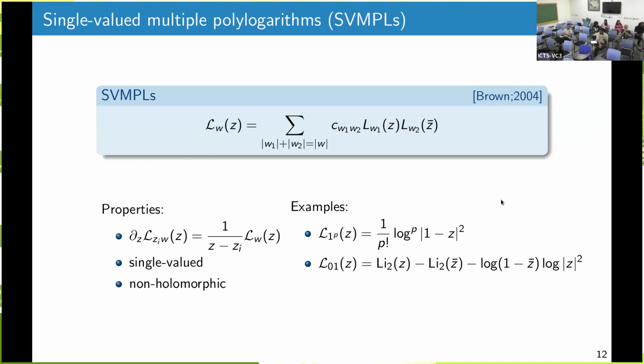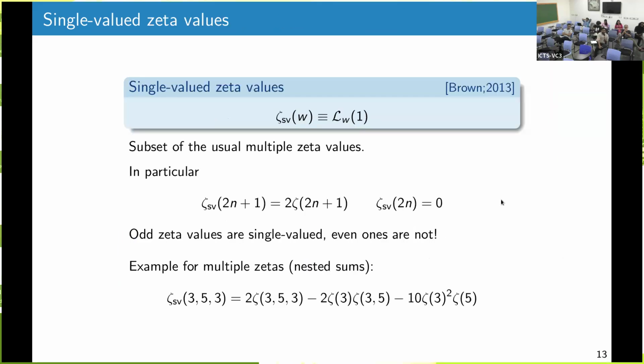And then could you show the definition of zeta SV on the next slide? Yeah. Here it's a bit sloppy because the notation of W is different. So you have to convert the notation of zetas to polylogs. For the W, we would have only zeros and ones, but for the zetas I use a different notation.